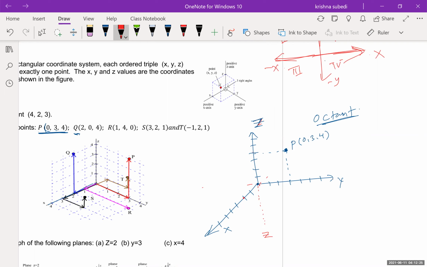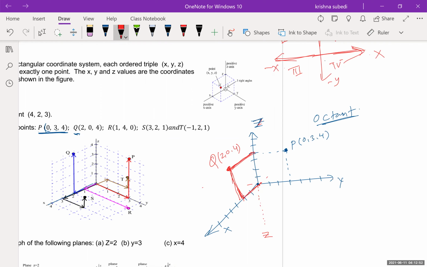So you draw a line parallel to this line and you go there. So that's your Z. Notice that this line and this line are parallel. I'm drawing that parallel there. So this point right here is Q, which is 2, 0, and 4.